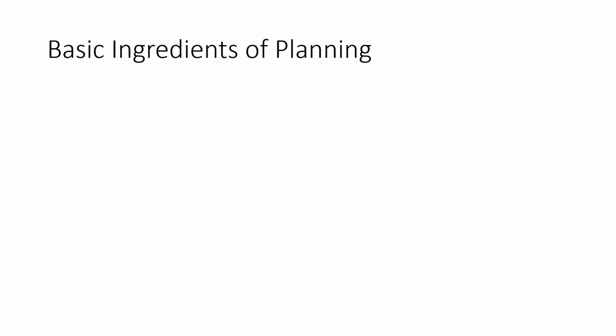Now, it is important to identify the basic ingredients of planning. So the very first ingredient that we have to look into is state. Now, remember, in all these applications, we have uttered these words over here: starting location, final target, or final location.